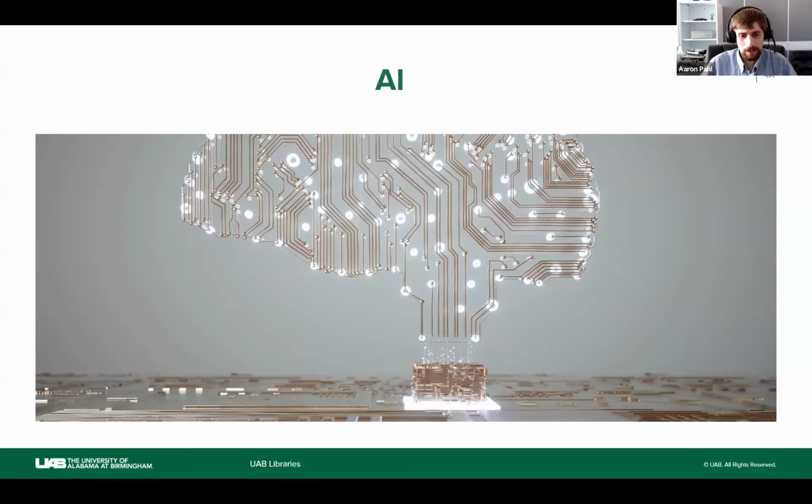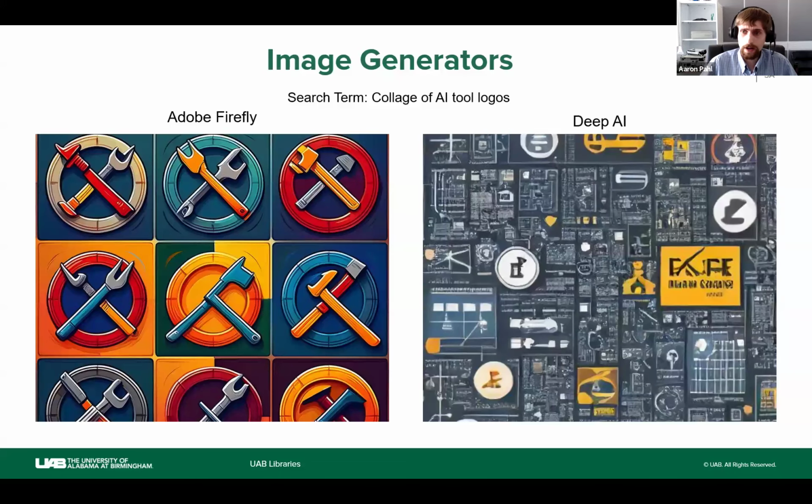And kind of along those same lines, before I created this slide, I was planning to create a collage of AI tool logos, just to give an idea of the breadth of these tools. And so I used an image generator, or two actually, Adobe Firefly and Deep AI, typed in that search term, collage of AI tool logos, and these are my results.